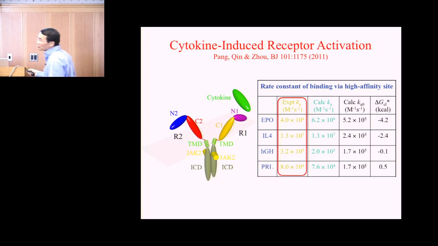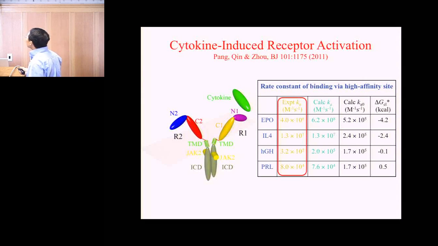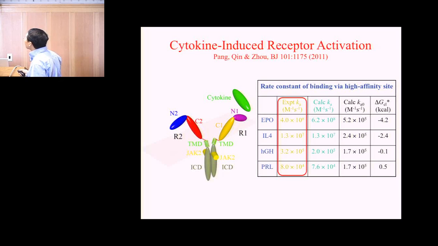They have very different biological functions, but the structures of the cytokines are similar. They're all helix bundle proteins, and the receptors are also highly homologous. But the rate constants differ by about 4 orders of magnitude. So we were first curious as to what explains the binding rate constants, and also whether or not there are biological reasons for this difference.